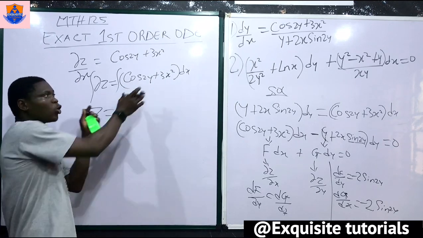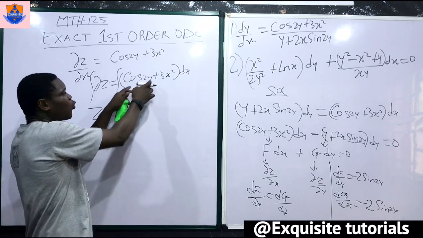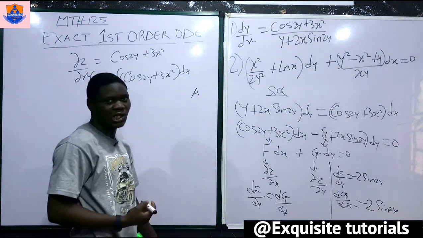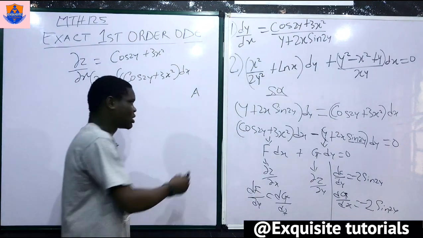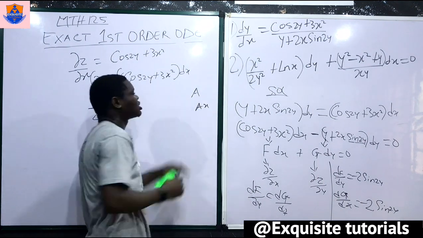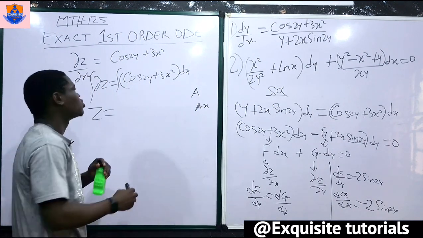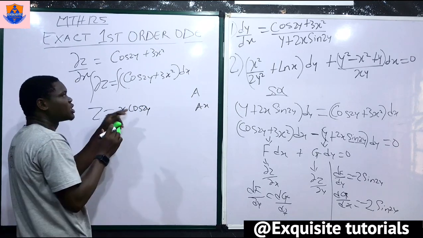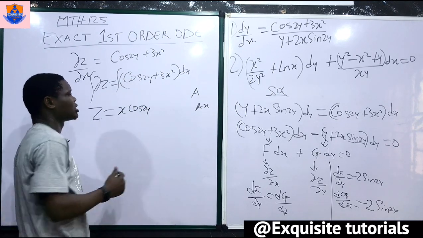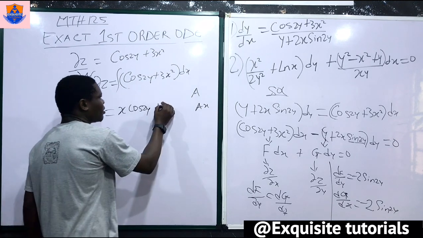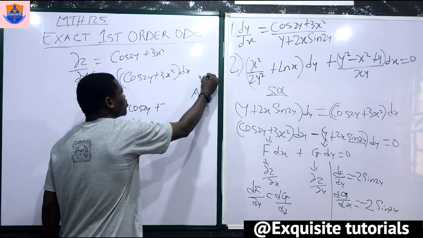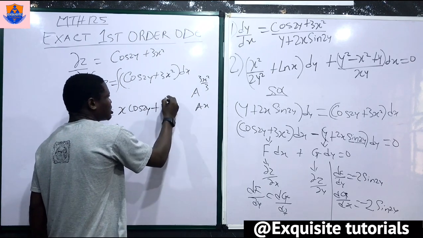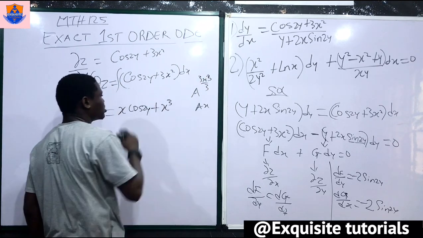If I integrate cos 2y, this is a function of y and we are integrating it with respect to x. Suppose we have a as a constant and want to integrate it with respect to x, we are going to have ax. What is this? Our a is cos 2y. So I'm going to have x cos 2y since I'm integrating with respect to x, plus 3x squared over 3, which is the same thing as plus x cubed.